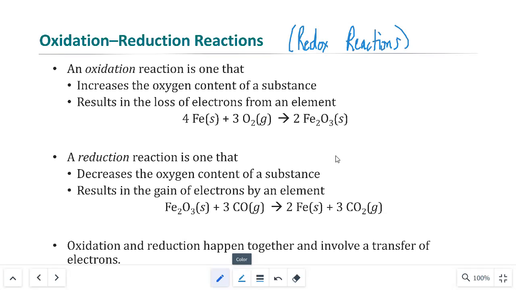So if we look at those 5 types of reactions that we did, we'll notice that 4 of them have tendencies to fall into oxidation reduction. The only one that really doesn't is the double replacement reaction, because in the double replacement reaction, we know that none of the charges change. But in all of the others, there's usually something going on with those electrons. Those electrons are transferring from one element to another in some way.